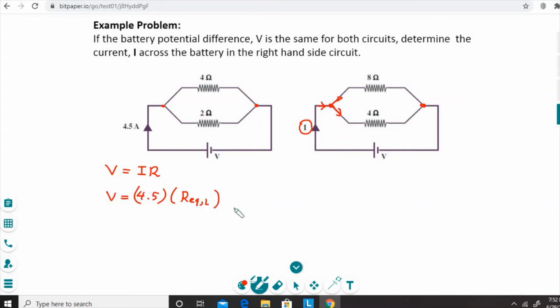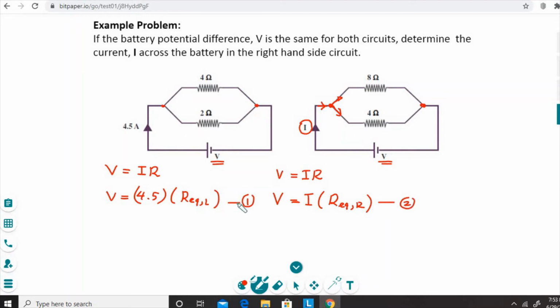Then for the right hand side circuit, again from V equals IR, I can write V, the potential difference, which is the same for both circuits, is equal to the current I through the battery times the equivalent resistance for these two parallel resistors, which I'll call R equivalent right. Let me call the left hand equation number 1 and this equation number 2.